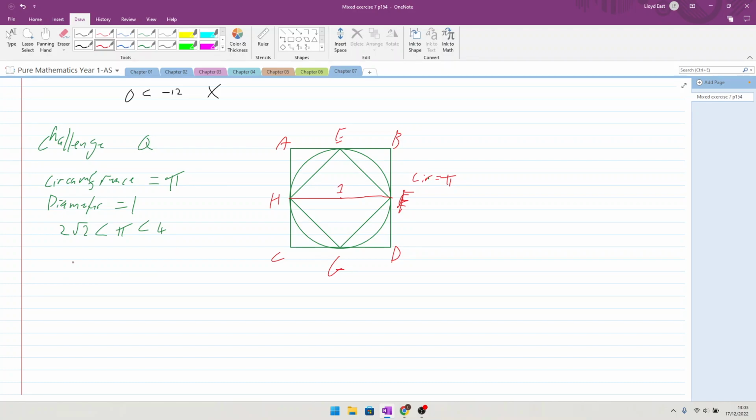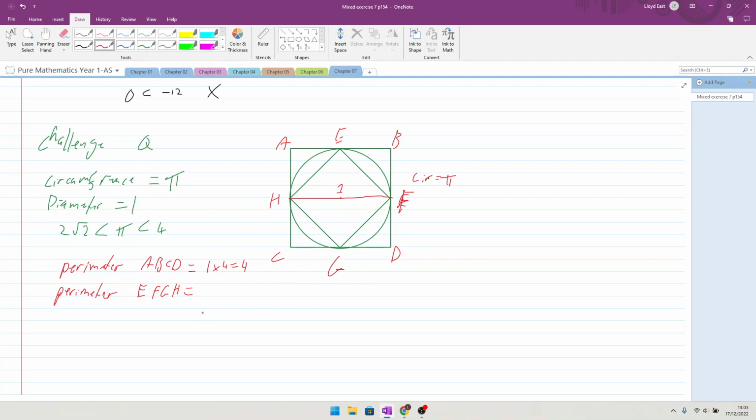Okay. Right then. So the perimeter of A, B, C, D is equal to 1 times 4, which is equal to 4. We can say the perimeter of E, F, G, H is equal to, what we actually need to find out here is we've got a square and we need to find the length of the side.